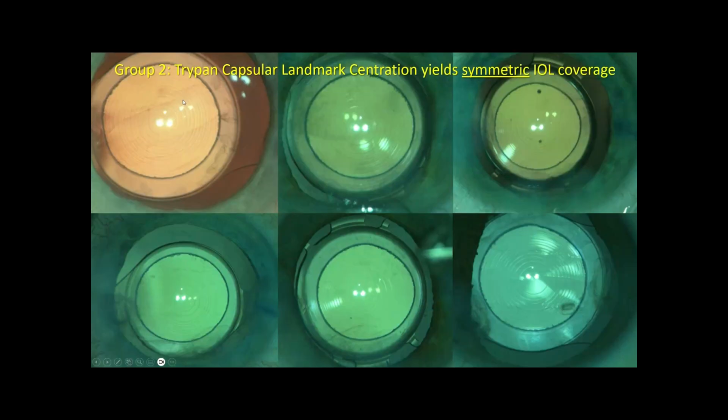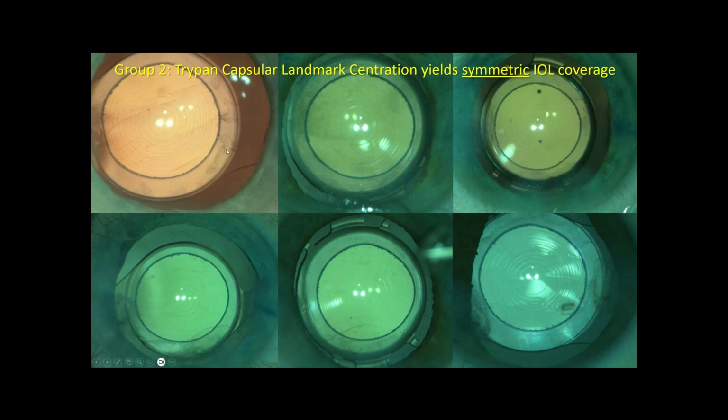And this might be more of an example of this IOL here, where we basically have a 5mm capsulotomy, 1mm on one side and virtually nothing on the other side. And of course, this may have some tilt and instability long term. We look at the second group, the Trypan capsular landmark centration. This yields excellent symmetry for the IOLs and capsulotomies.